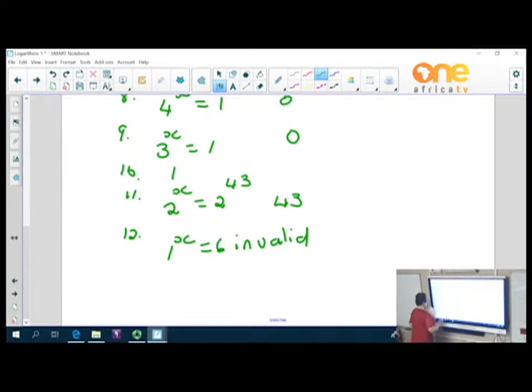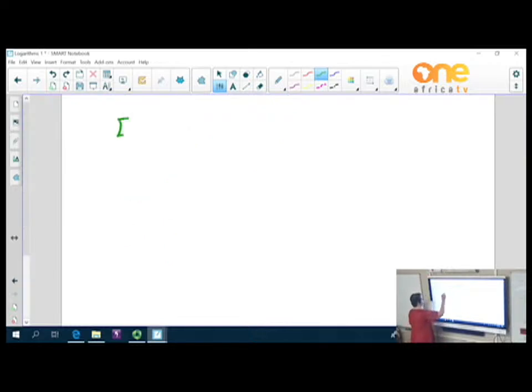Right, then we look at exercise 14. Still just an introduction there. Solve A. So we can say that A to the power of 4 is equal to 81. So the question is now, what will give us that answer?